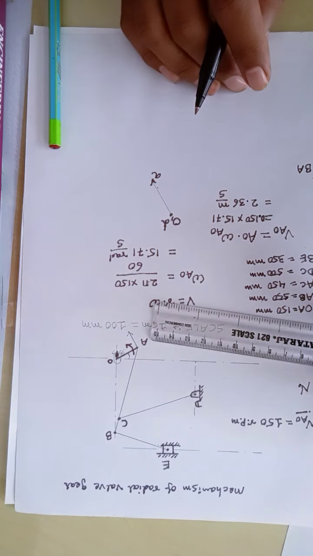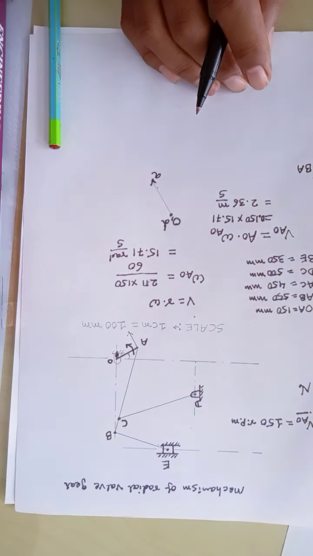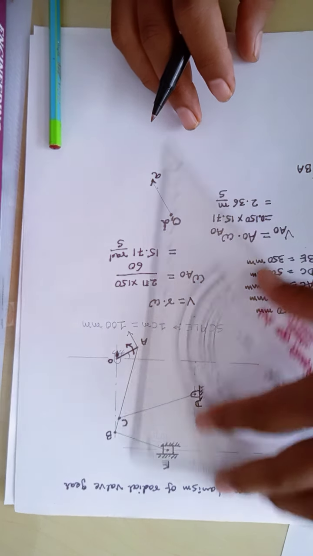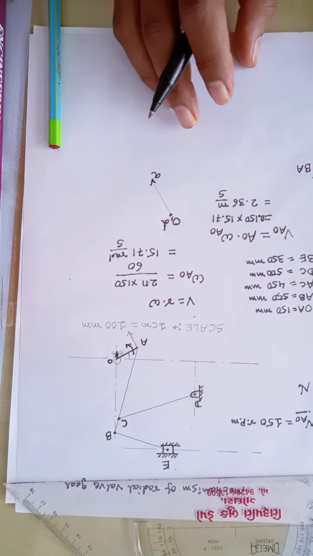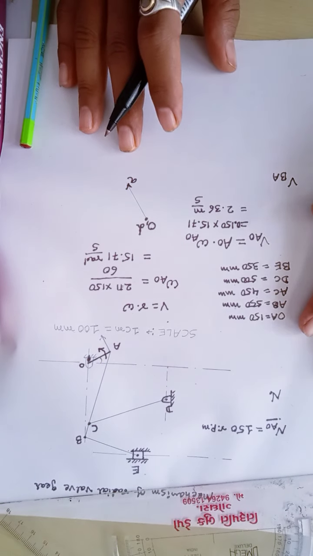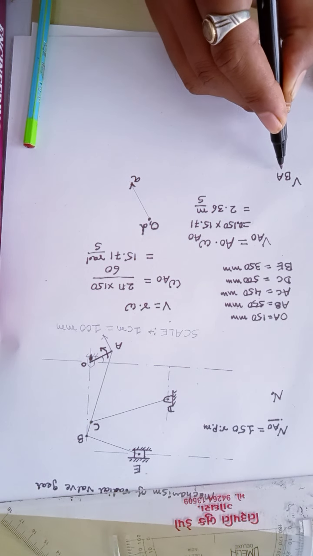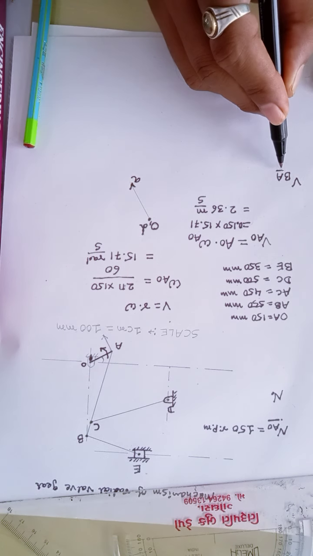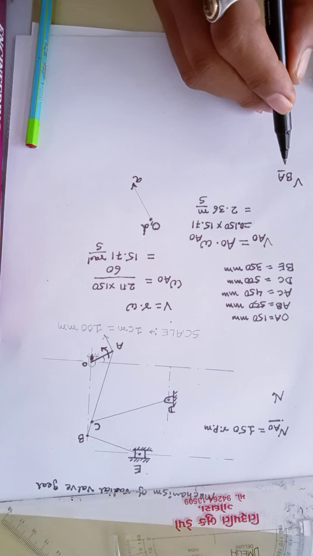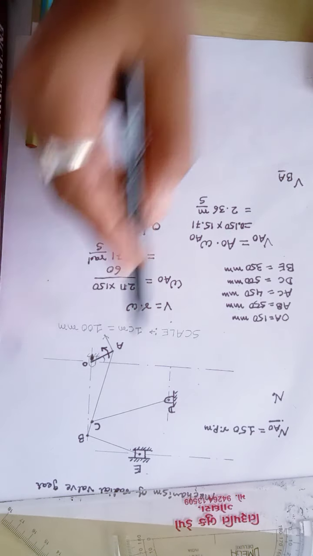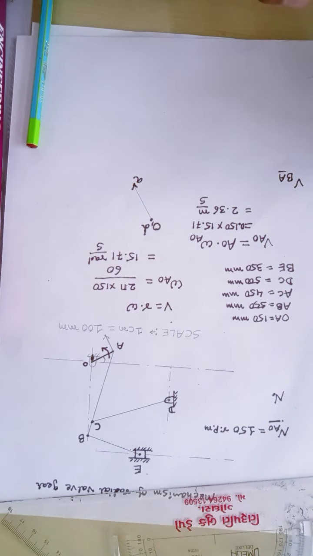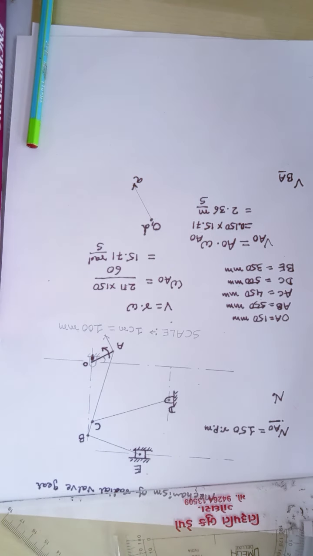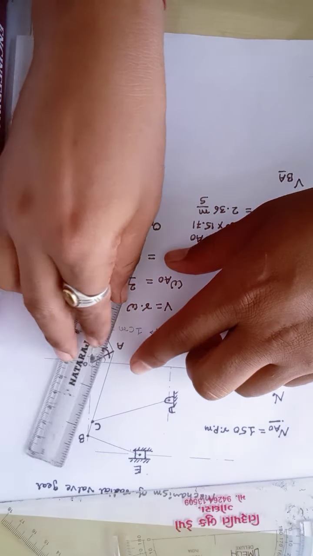So I have to draw a line which is passing through A, because it is with respect to A. That's why it will pass through A, but the direction is perpendicular to this link AB.